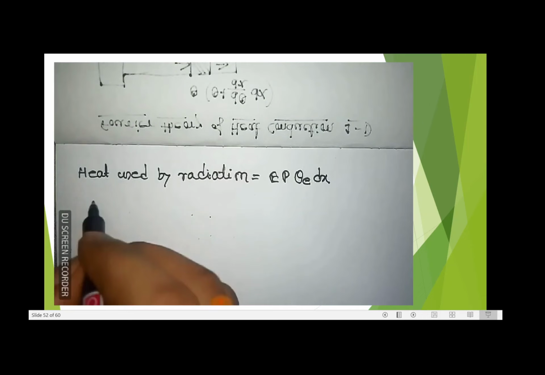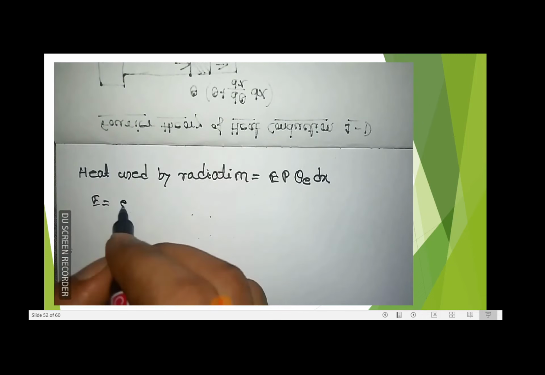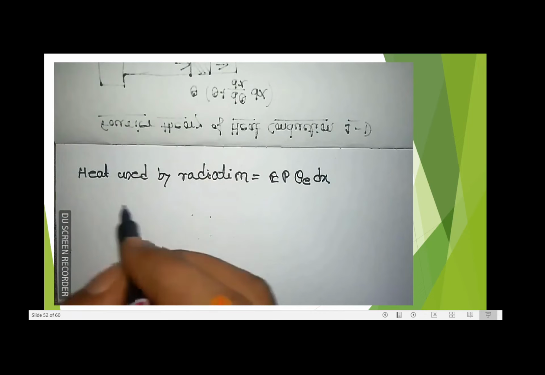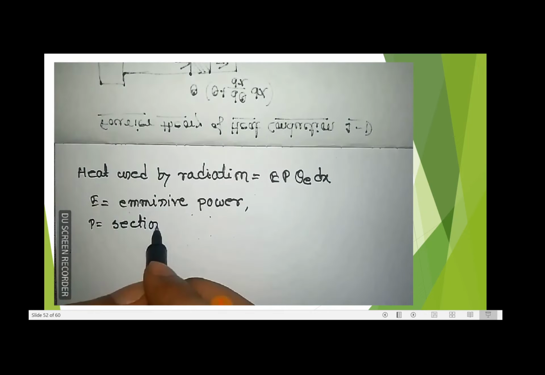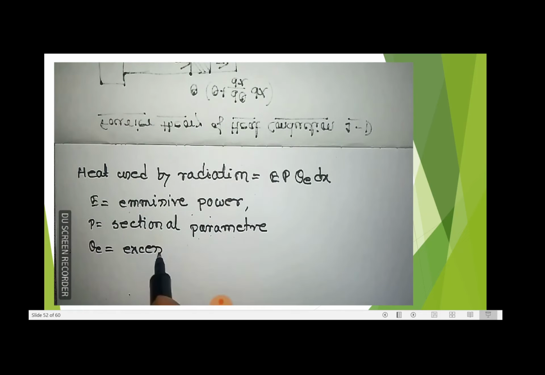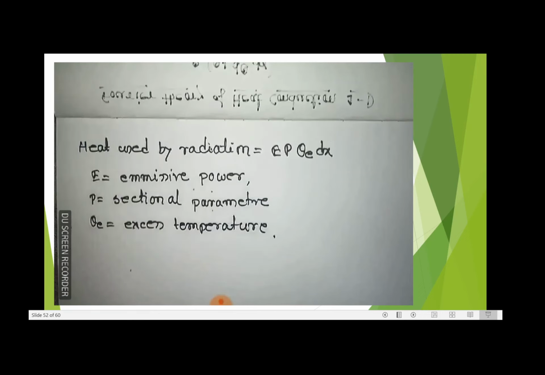Here e is the emissive power of the material, that is how much heat the material emits. P is the sectional parameter. Theta e is the excess temperature of the material with respect to the surroundings.